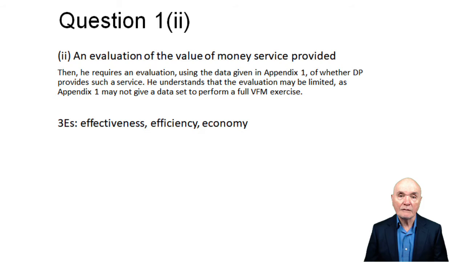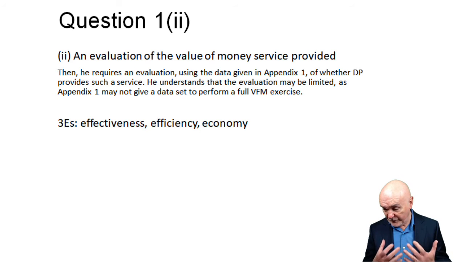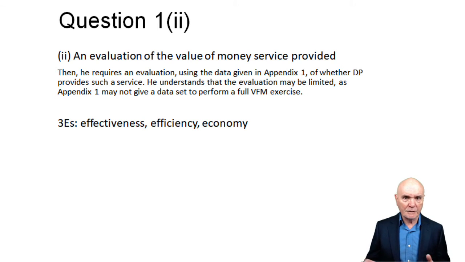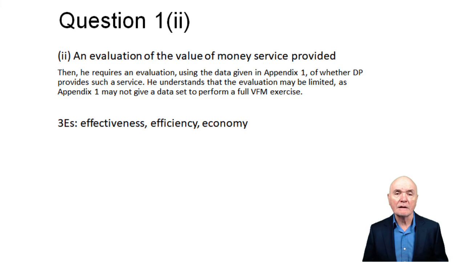The 3 E's is effectiveness. We have to decide what the purpose of the police force is, what sort of crimes, what sort of activities it should undertake. For example, it would be a potential decision that the police force says, well, I'm not going to go around schools to give lessons to children about how to avoid crime. That's the parents' job.